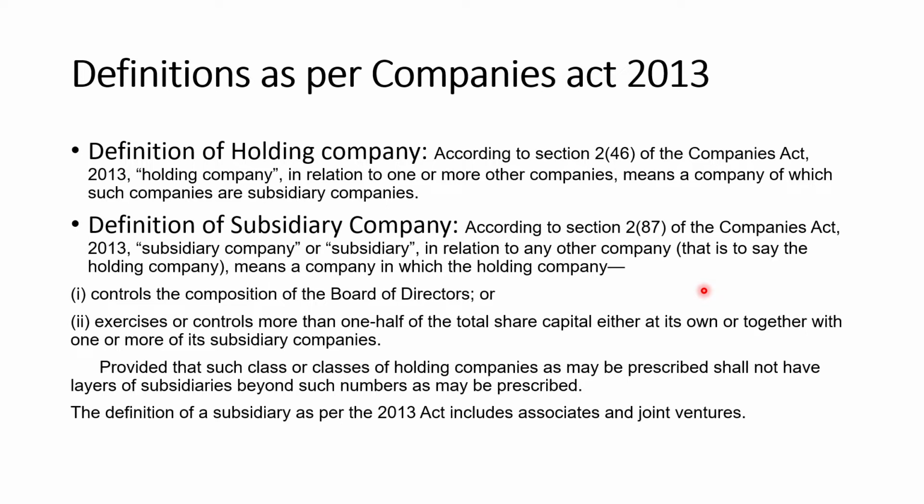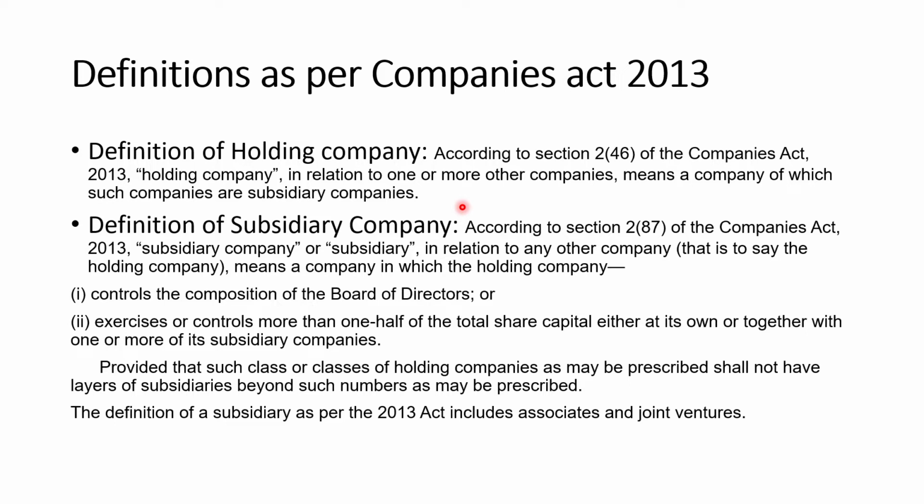Here are some definitions which are given by the Companies Act 2013. The first definition is the definition of holding company. According to section 2 subsection 46 of the Companies Act 2013, holding company in relation to one or more other companies means a company of which such companies are subsidiary companies.